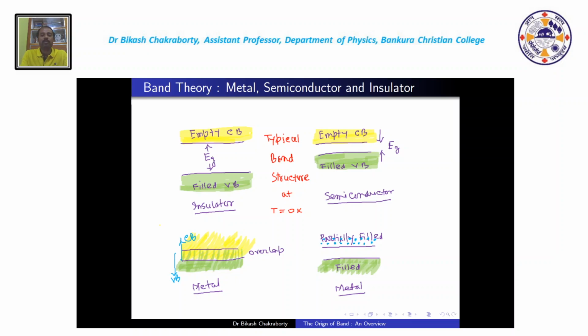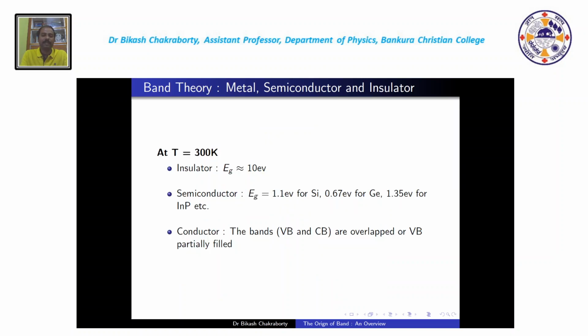The conduction band is totally empty, the valence band is filled, and at room temperature we cannot have sufficient energy to excite the electrons from filled valence band to conduction band. Now from the figure you can see at T equal to 0 Kelvin, for semiconductor, there is a filled valence band and empty conduction band, and the energy difference between them is Eg.